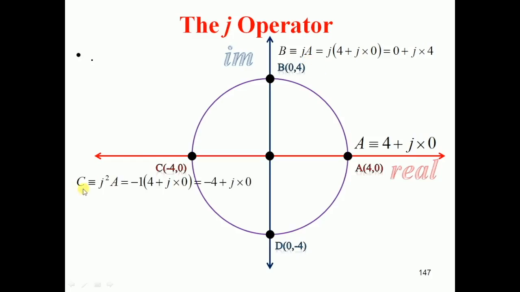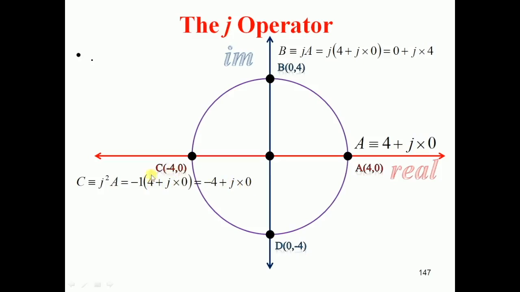Now the third point C, (minus 4, 0), can be represented by twice the operation of the j operator, which we write as j square, on point A. Point A is 4 plus j times 0. j square is minus 1, so minus 4 plus j times 0.